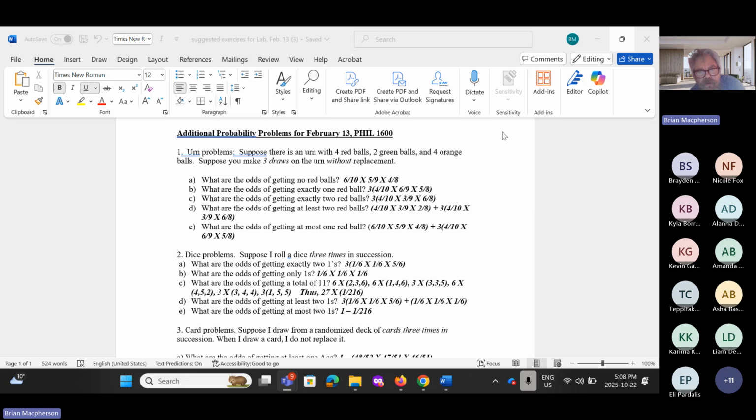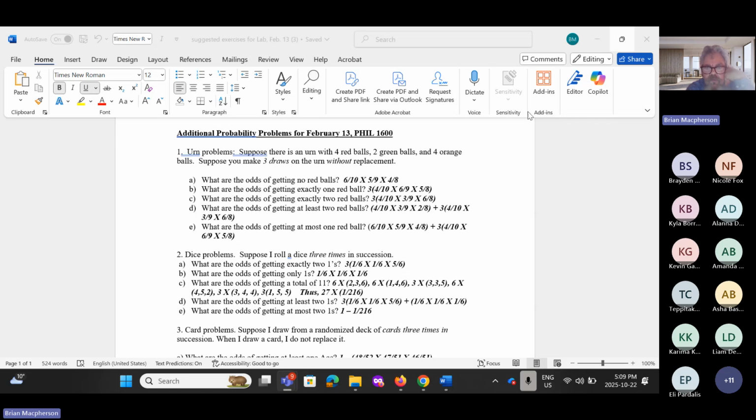Okay. Now we go to D. What are the odds of getting, sorry, my apologies, of getting at least 2 red balls? Okay. Well, what does that mean exactly? At least 2 red balls means all red balls or exactly 2 red balls, right?